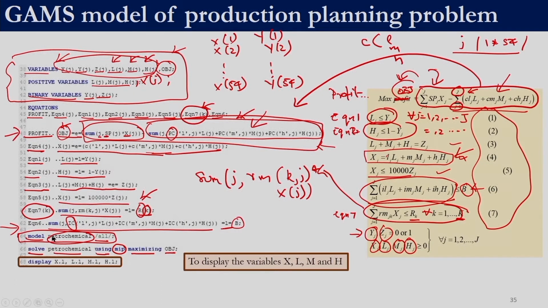We also want GAMS to display the final values of the decision variables X, L, M and H. It will give all the values, but in the display part we want to display these particular 4 variables. Each of these variables will have 54 values because X, L, M and H each run over the set J, and the set J contains 54 values. So it will display 54 into 4 values.